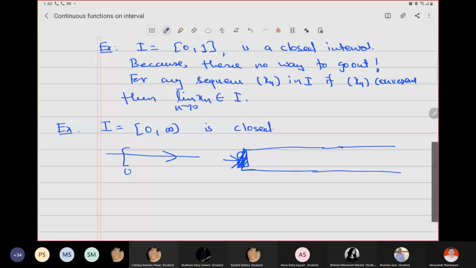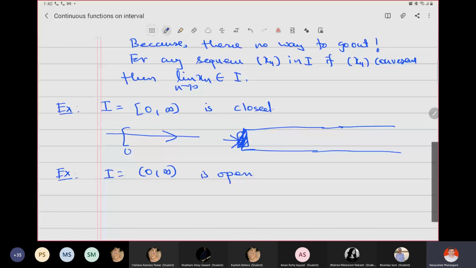So I is equal to 0 to infinity. Is it closed? Now I have kept the door of the room also open, and the length of the room is infinite, so it is open. Correct? Why?